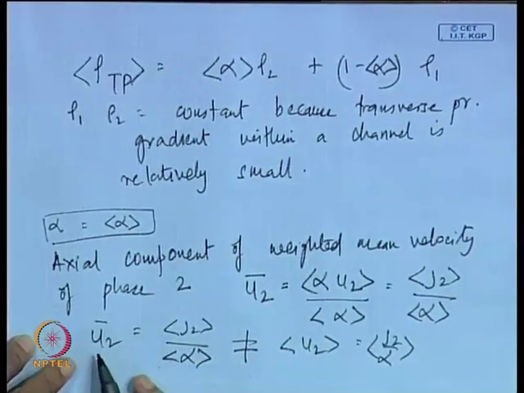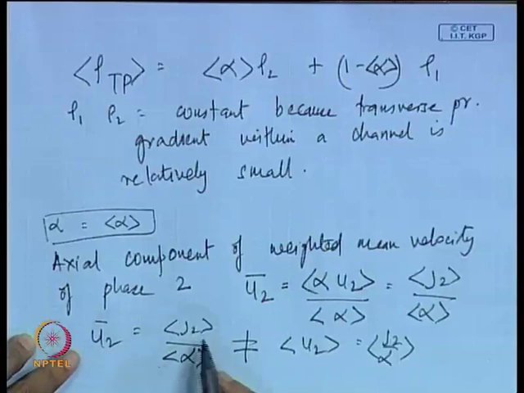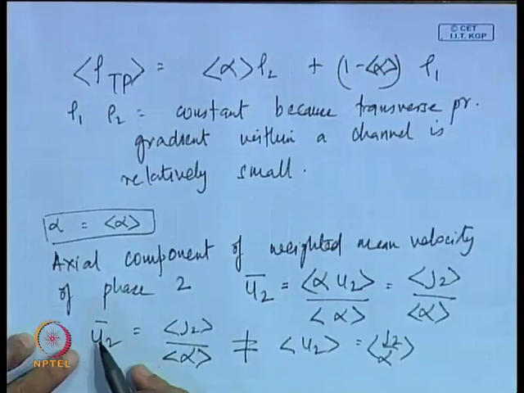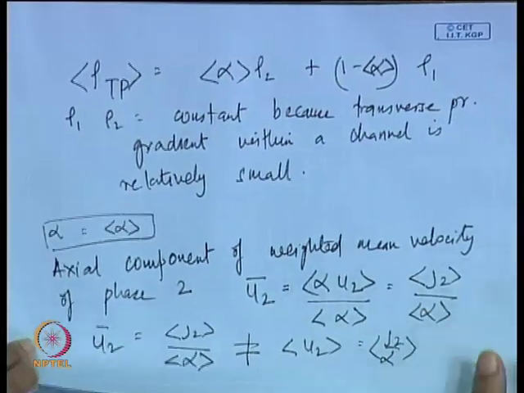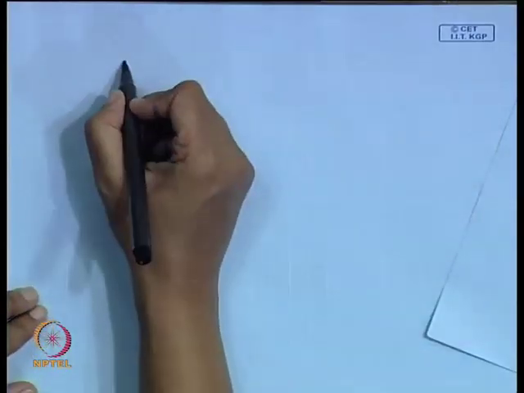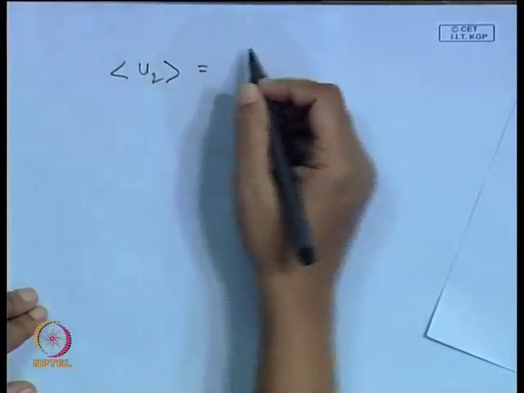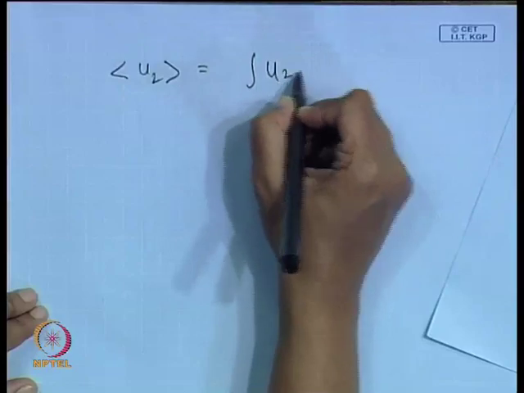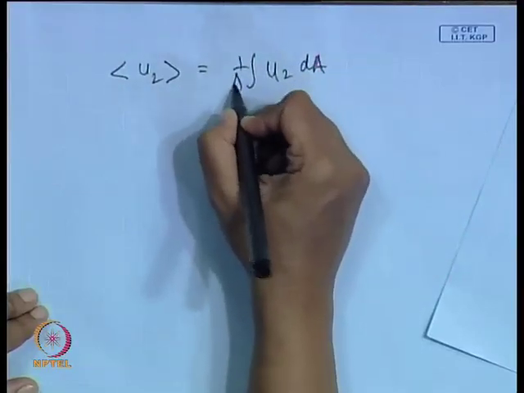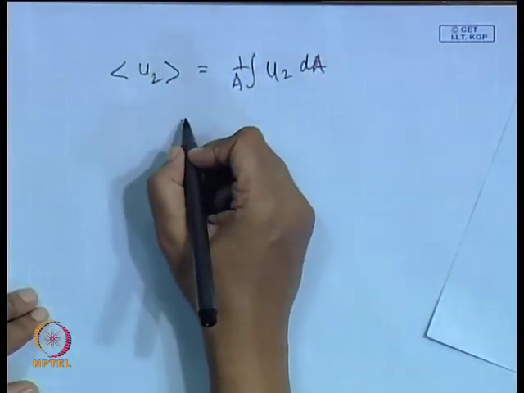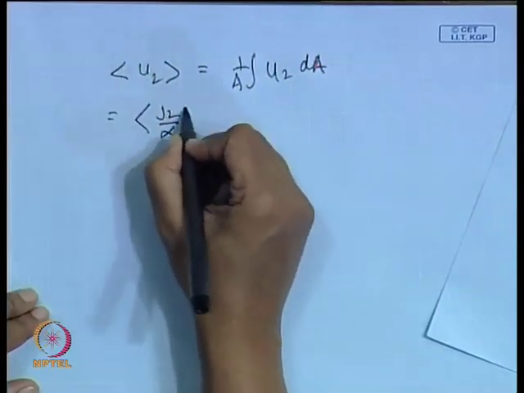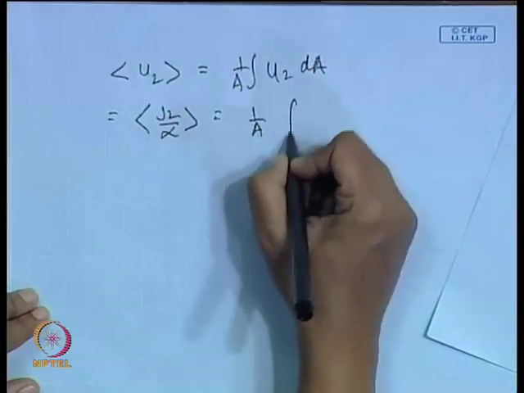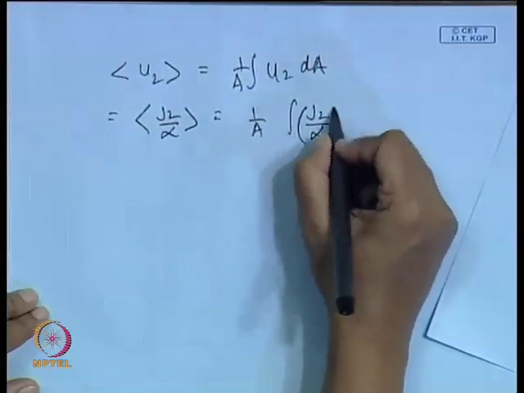The thing is, in this particular case we get, this is the weighted mean average velocity and this is the cross sectional average velocity. What does this mean? This average U2 means integral U2 dA by A, or in other words, if this is equal to J2 by alpha, this means 1 by A integral J2 by alpha dA.